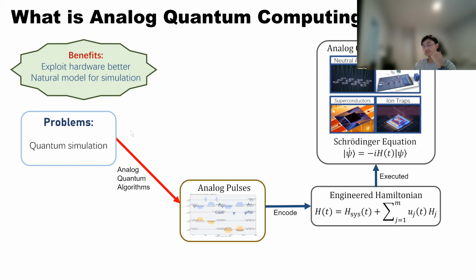Also, this is a natural model for quantum simulation, since if you express a quantum system in terms of the quantum devices, it's very natural to write down all the Hamiltonians and the mappings between Hamiltonians.